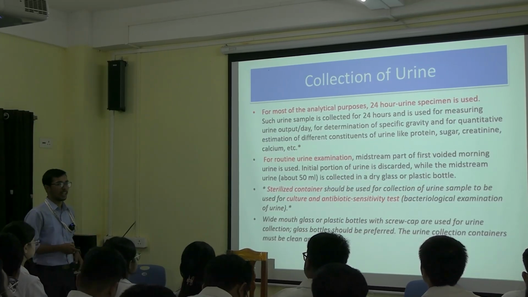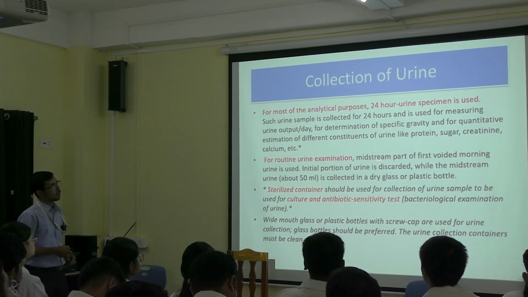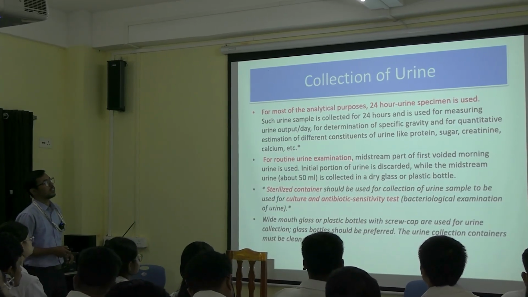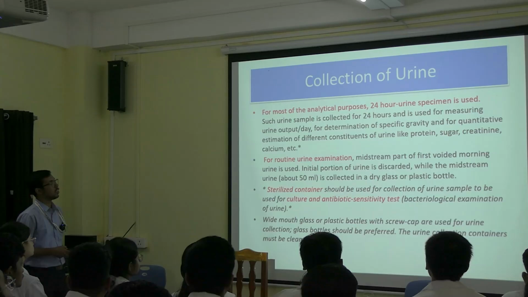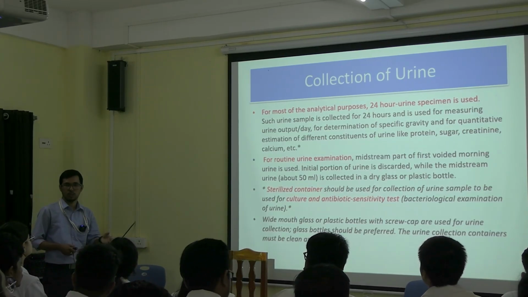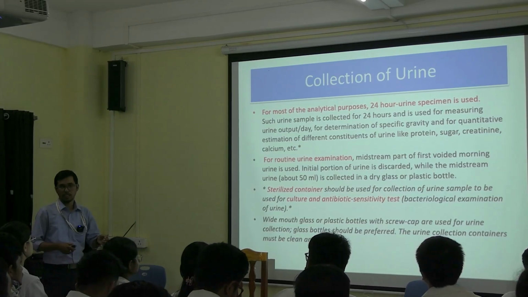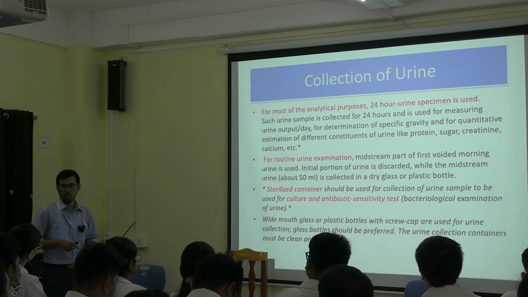So for bacterial culture, we can use this sample. How is it collected? The midstream part of the first voided urine is used. While passing urine, we let the initial few drops pass, and then in the midstream we collect it directly into the container.